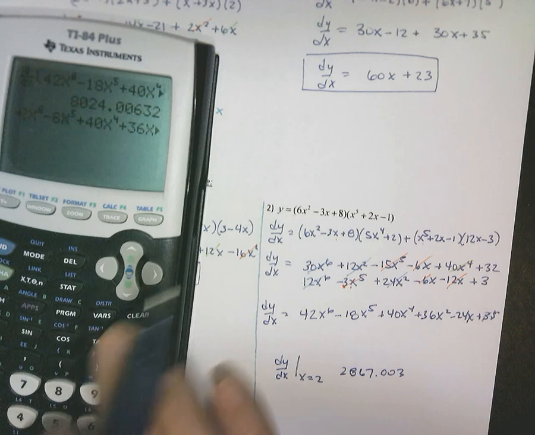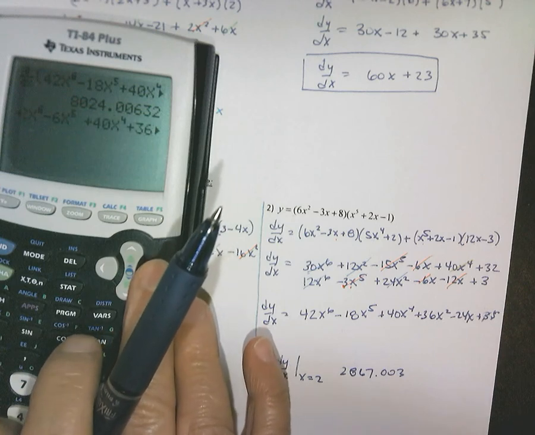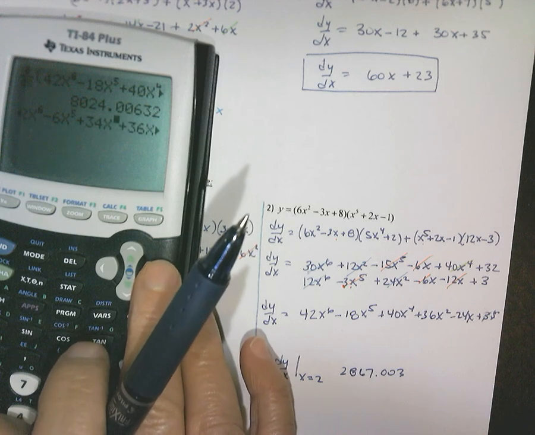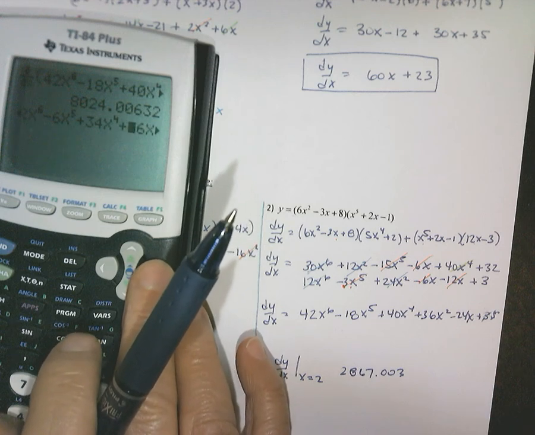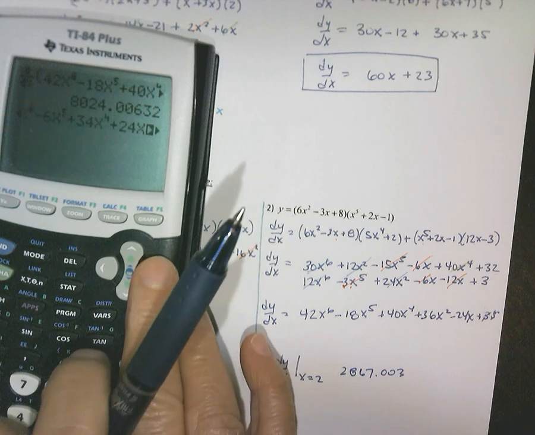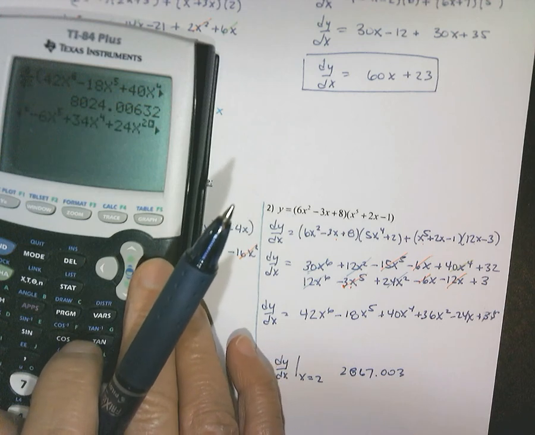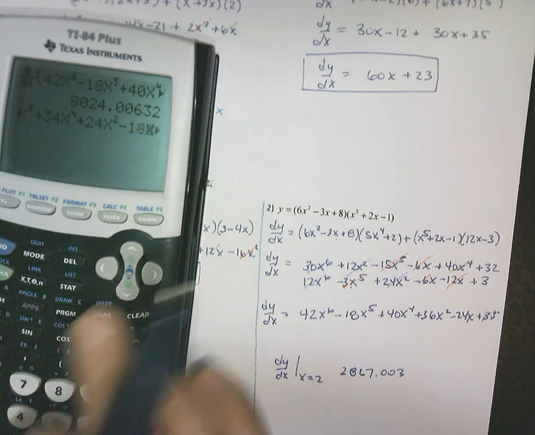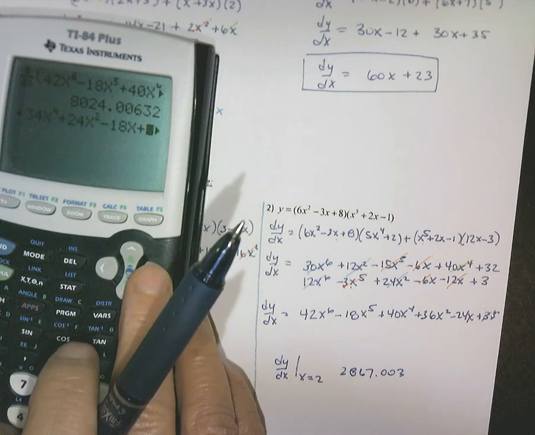So I'm going to change it to a 6. And then I have plus 34x to the 4th plus 24x squared minus 18x and then plus 19.